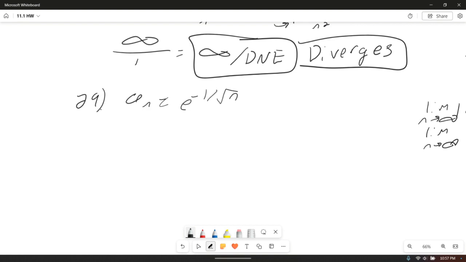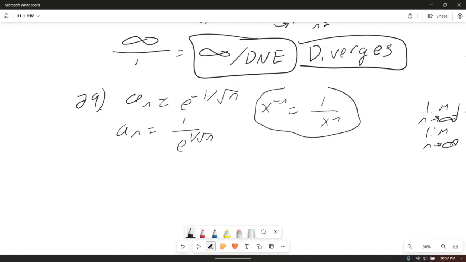So I'm going to rewrite a_n, which is the sequence here, as 1 over e to the 1 over square root of n, just using a little rule where x^(-n) equals 1 over x^n.